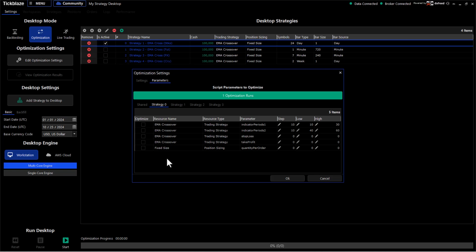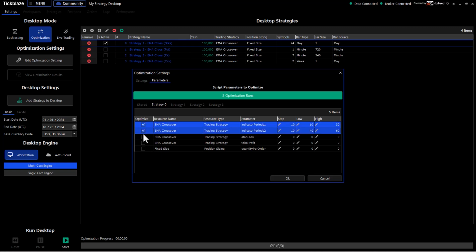Now, for this example, I'm going to keep things quite simple. We're just going to optimize the indicator parameters, and I'm really only optimizing one strategy. What's nice is that I can take a look at the step count and the optimization variables for your incremental testing.